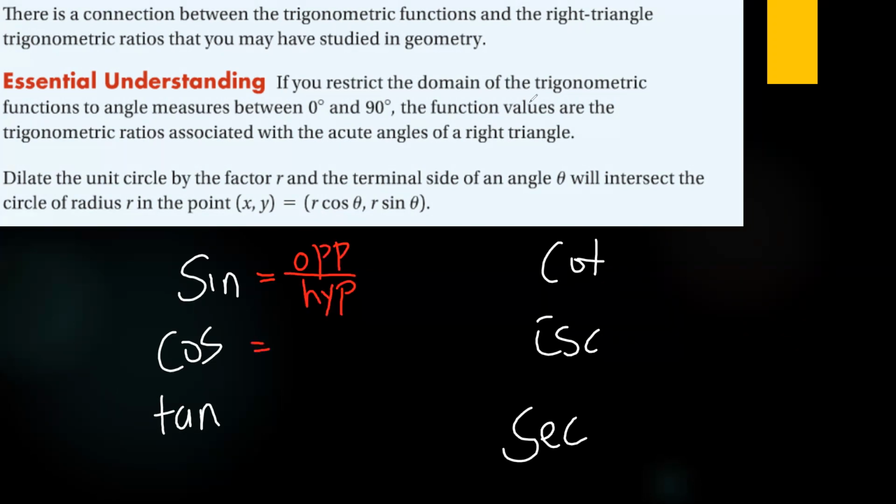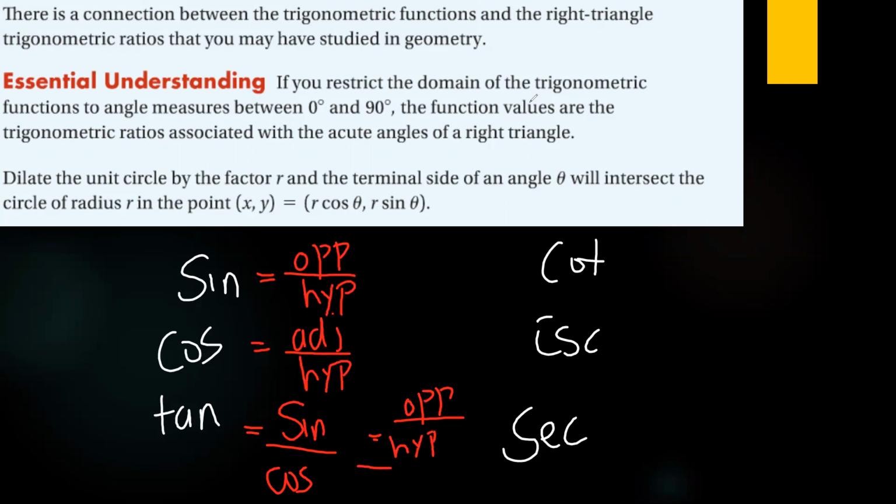For the cosine, it is adjacent over hypotenuse. For the tan, we know it is sine over cosine, so the hypotenuse cancels and the tan is opposite over adjacent.